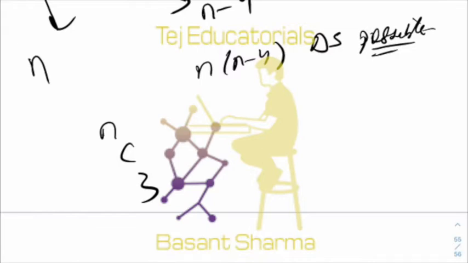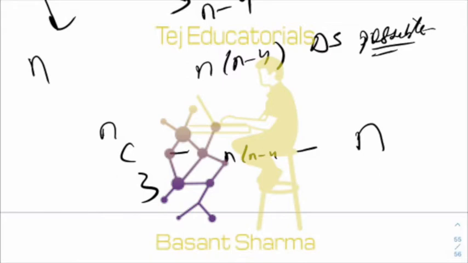From that, I subtract the total number of triangles that share exactly one side, which is n into n minus 4, and I subtract those triangles which share exactly two sides with the polygon, which is n.